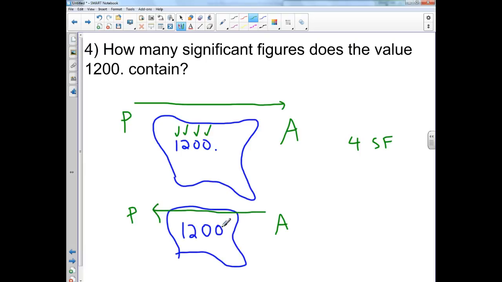And in that case, the first non-zero digit, well, that's a 0. Here's a 0. The 2 is the first non-zero digit, and I count all the way to the end, including 1. So that would be 2 sig figs. So you can add a decimal point right here at the end if you want to indicate that the trailing zeros are significant. So there it is, we've made sig figs easy.